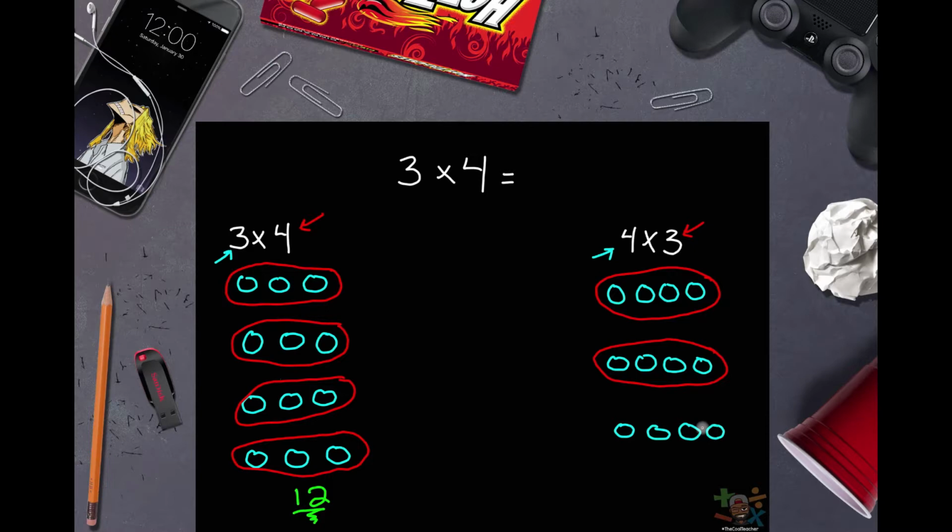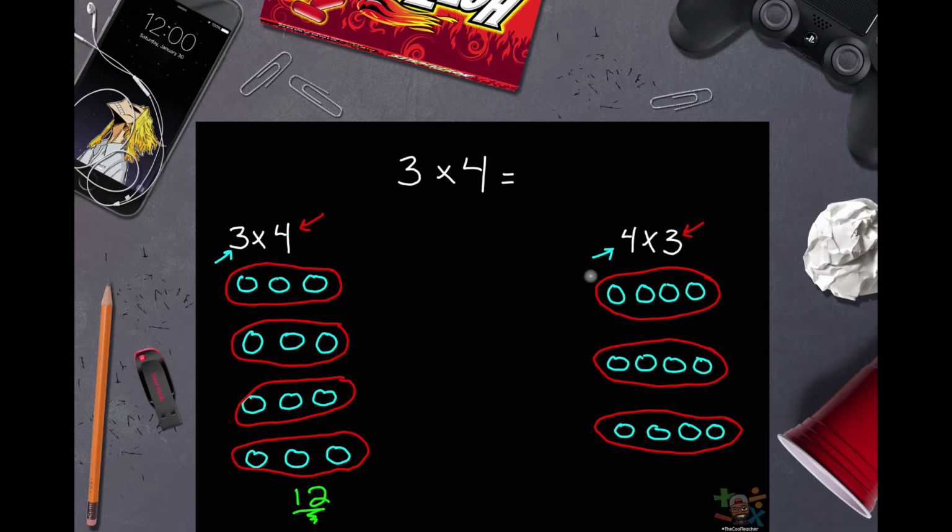Now you don't have to use circles. You can use whatever shape you want. You can use triangles. You can use squares. You can use little dots. Whatever you want, as long as it's something you can count up in the end. All right. Let's get this circle. And bam. Cool.